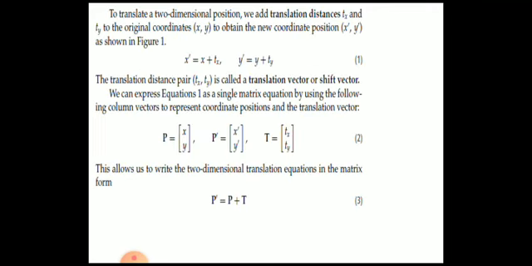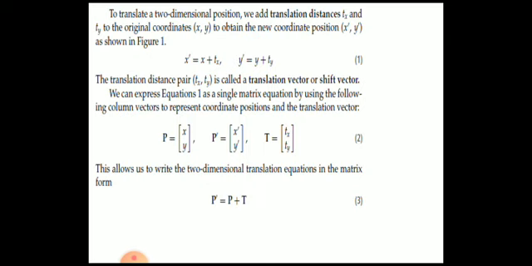Now, to translate a two-dimensional position, we add translation distances, that is tx and ty, to the original coordinates x comma y to obtain the coordinate position x dash comma y dash as shown in figure 1. That is the figure that you have seen in the earlier slide. So basically, x dash is nothing but x plus tx, y dash is nothing but y plus ty.